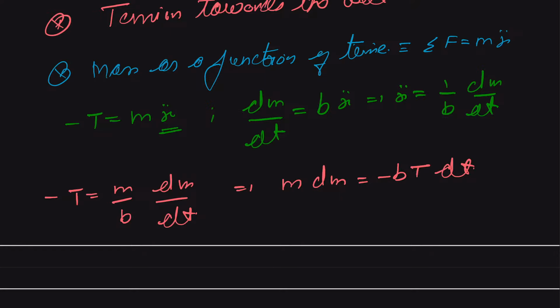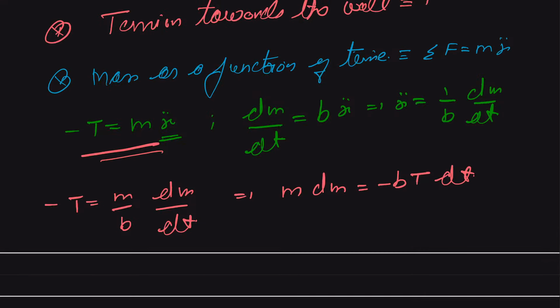And from here we can clearly see that the original equation of acceleration was basically a second order differential equation, and we converted it into a first order differential equation, and that is going to help us to find out the solution easily. Okay, we can simply integrate it.